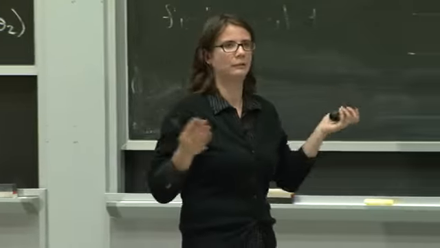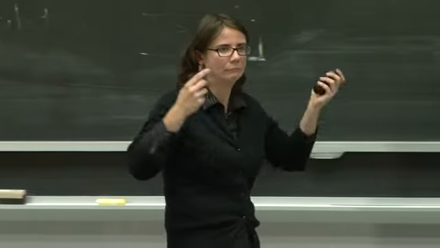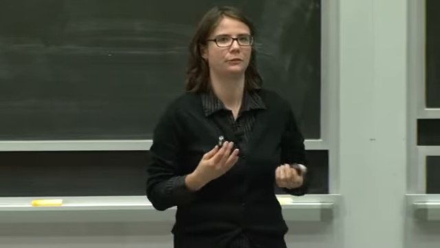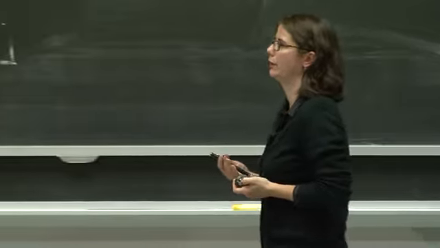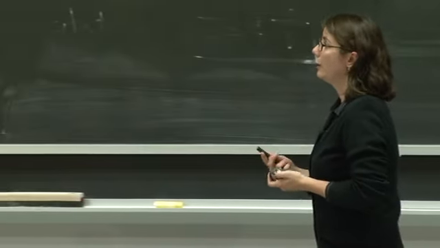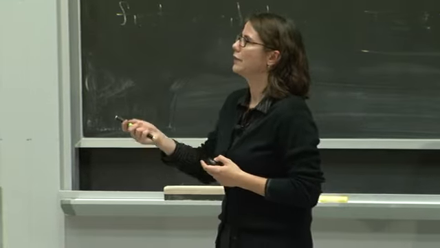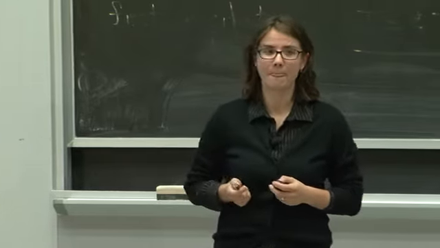It's not going to suddenly decide to add another variable for some reason. It's just going to execute whatever statements you've put up. Okay? So in programming languages, there's only one meaning, but the problem that comes into play is it's not the meaning that you might have intended as the programmer. Okay? So that's where things can go wrong.